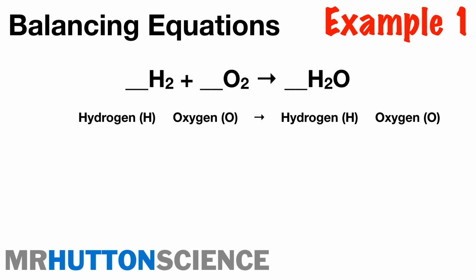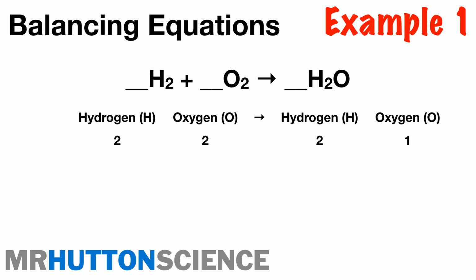Hydrogen, we've got 2 because it's H2. Oxygen, we've got 2 because it's O2. On the right hand side in our product, we've got 2 hydrogens and only 1 oxygen. So you can see straight away you've got an imbalance there. You've got 2 oxygens on the left, but only 1 oxygen on the right.